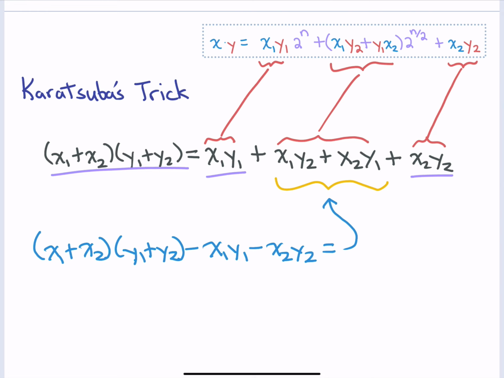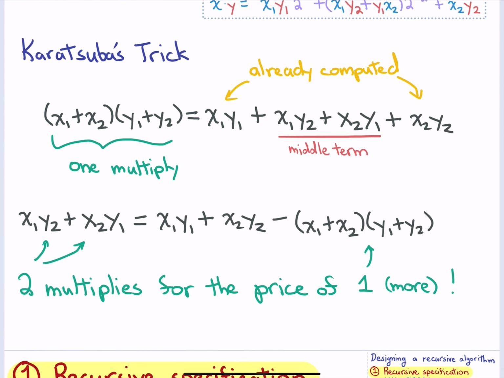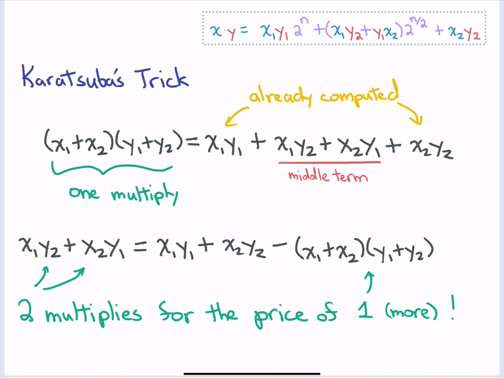We're leveraging the fact that although we don't know how to do multiplication fast, although we're getting close, addition and subtraction were always linear time. So subtracting out x1 y1 and x2 y2 is no big deal. In this way, we get it down to 3 multiplications. That's Karatsuba's trick.